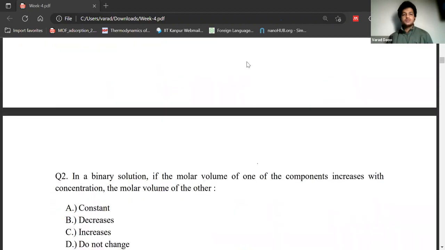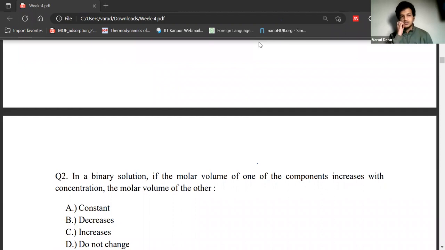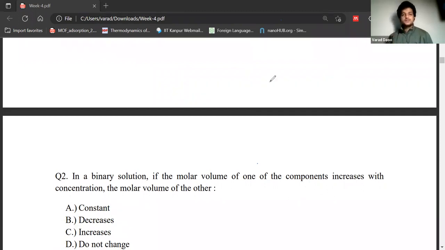The next question which we have is this. It's a conceptual question. The question is, in a binary solution, again, in this course, most of the time you'll find that the problem statement will have a binary mixture, but it is not essential that we use it.